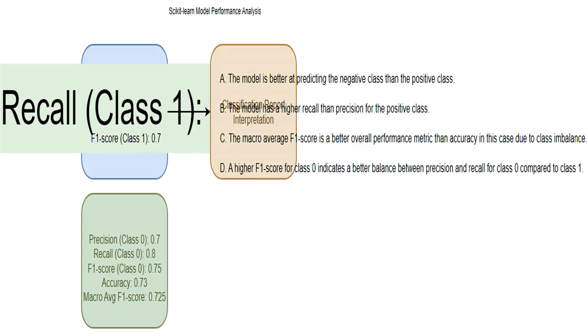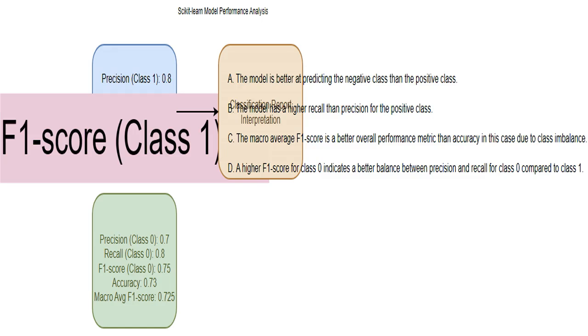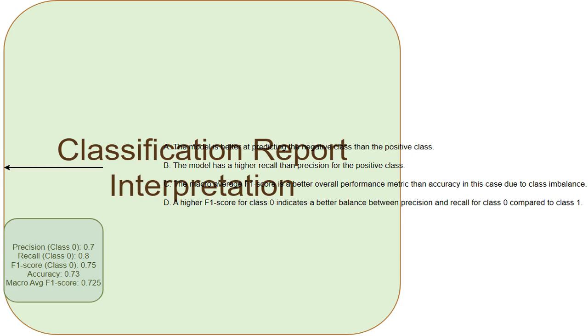The model correctly identified 60% of the actual positive instances. The F1 score, which balances precision and recall, is 0.7 for Class 1. It's the harmonic mean of precision and recall. I will now interpret the classification report's findings. This involves carefully examining each metric and understanding its meaning.